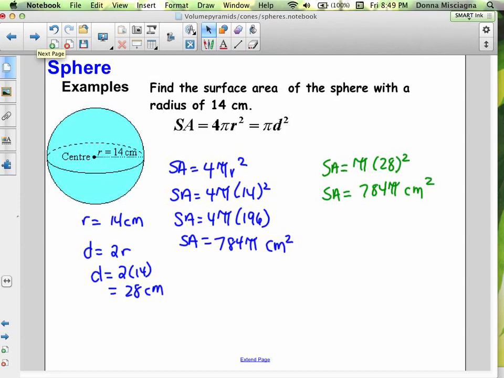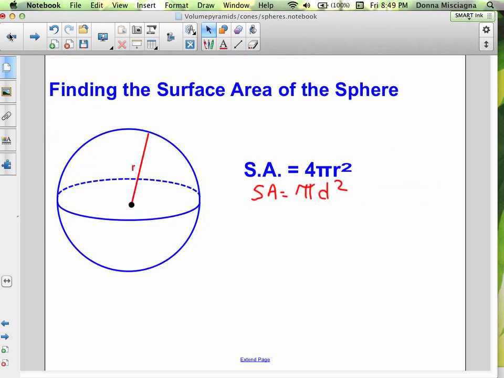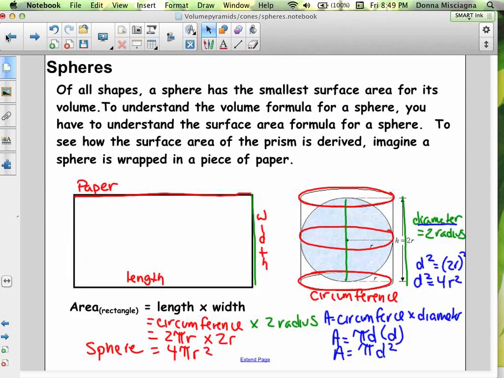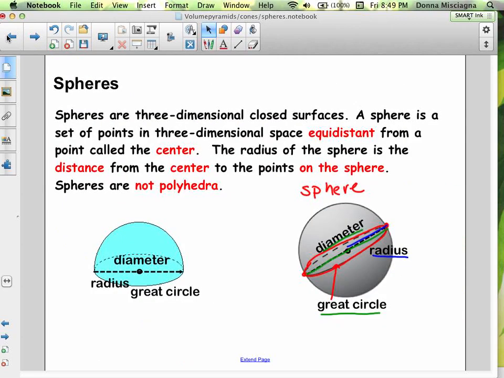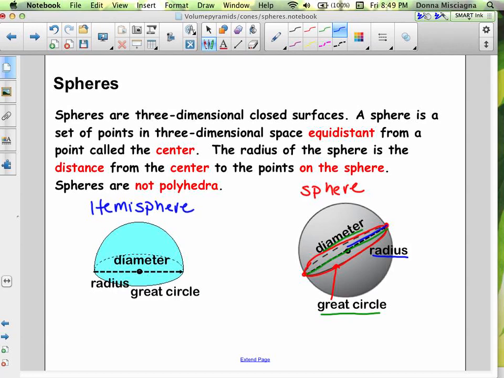And so the hemisphere, I had that actually, I believe, on the last page. See? There he is. I didn't even mention him. I was so focused on the sphere, I didn't even write here hemisphere. And so you have that one in your notes. A hemisphere, you just take a sphere and cut it in half, and you have a hemisphere.